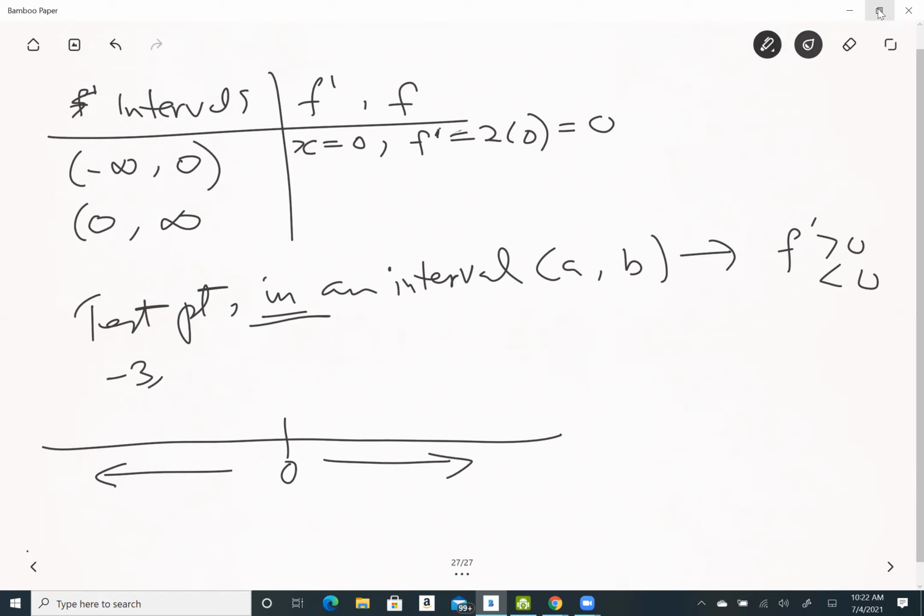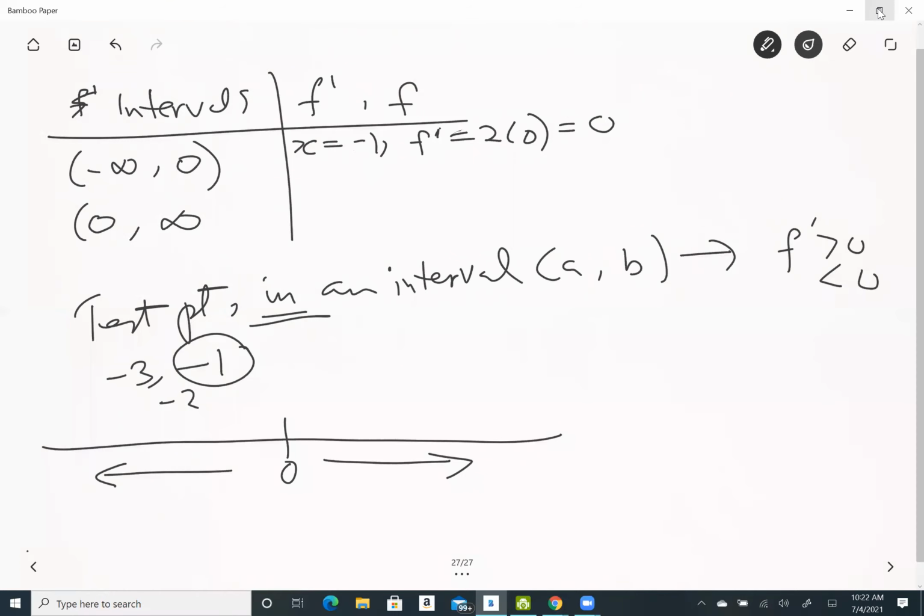Give me one more which is easier to compute. Negative 0.5 or -1. Use a round number. So -1 is the smallest one.